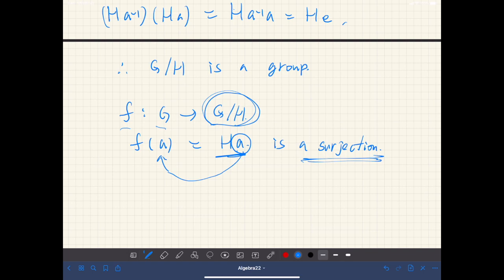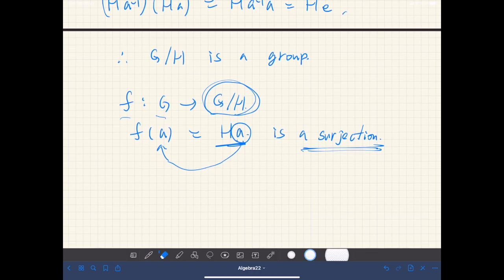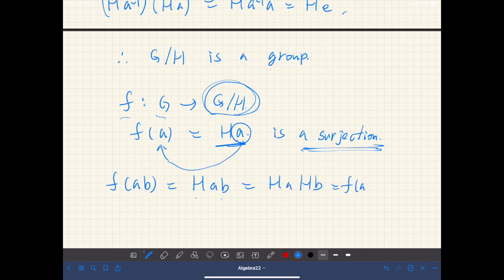Therefore, it is a surjection. And this is indeed a homomorphism because if we apply f of AB, then by the definition of this mapping, this is HAB, but by the definition of the multiplication, this is HA times HB, but this is f of A times f of B. Therefore, it's a homomorphism. And it's a surjective homomorphism.